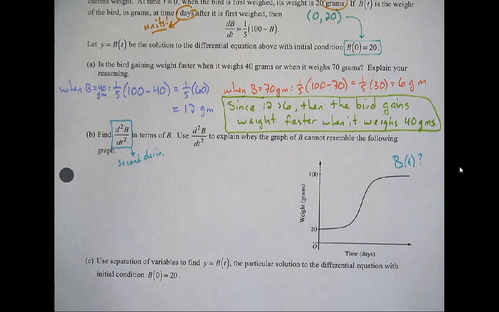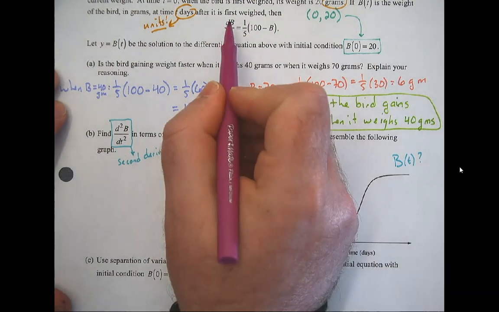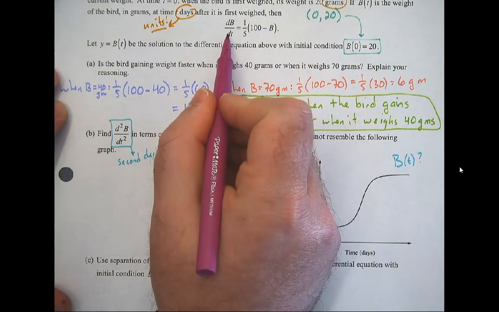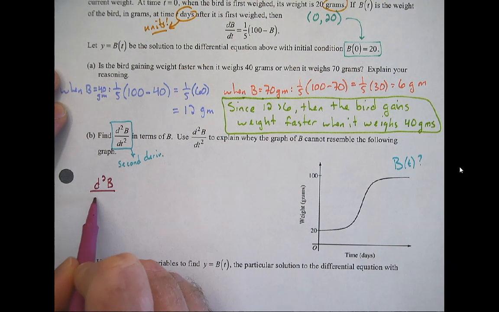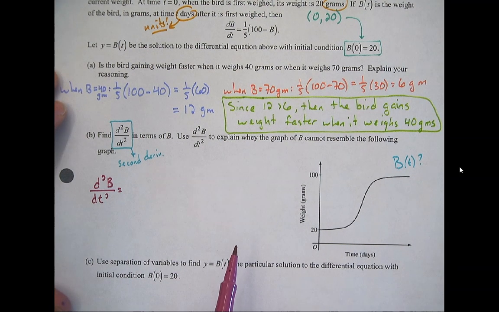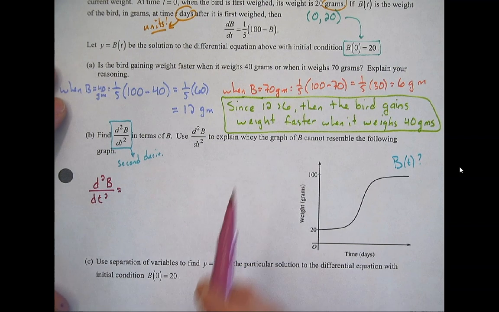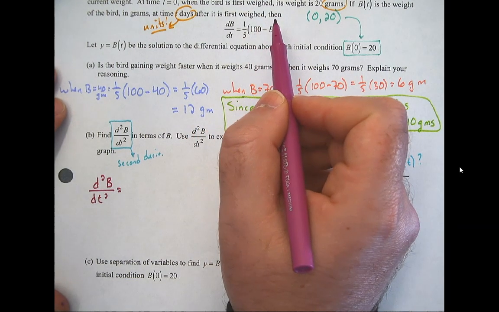So if I want to take the second derivative, that means I want to take the derivative of the first derivative. We were given the first derivative right here, so let's start there. The derivative of the first derivative is going to be the second derivative. So d²B/dt² equals the derivative of... I'm going to distribute this, I think.